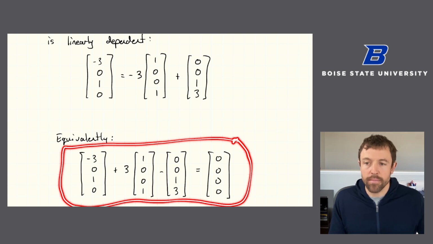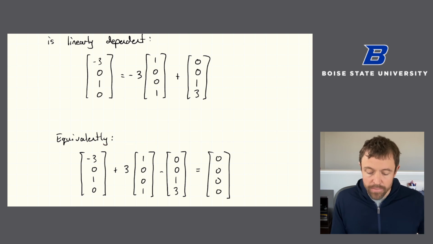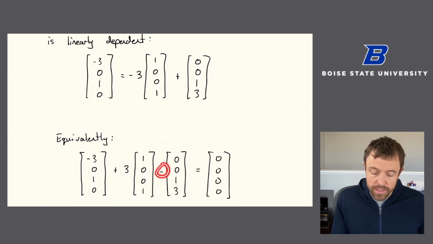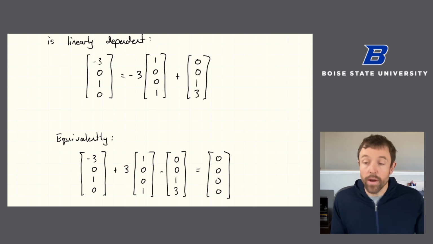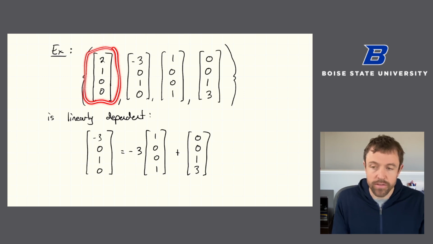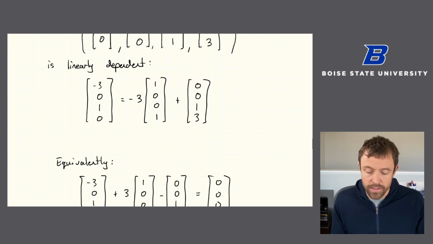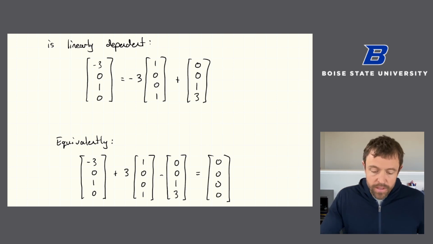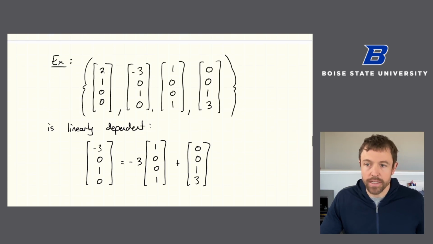It's the same thing, but it's saying, can we add up some linear combination of these vectors to get 0 where our coefficients are not all 0? One of them was, right? I didn't write it down, but the coefficient on this vector, 2, 1, 0, 0, is 0. It doesn't show up. But not all of the coefficients are 0. So this is an example of a linearly dependent set.